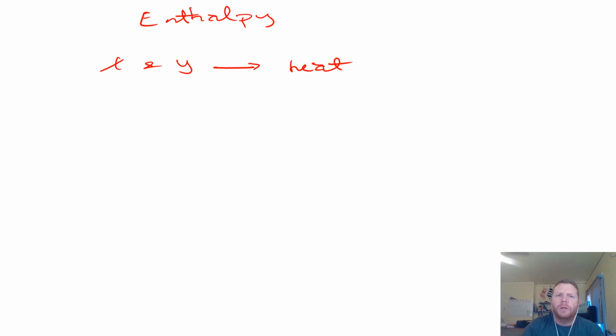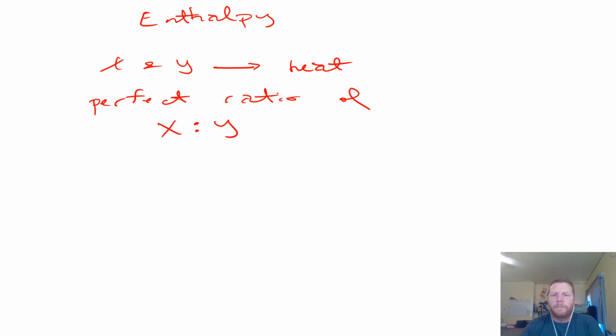What we're trying to do is figure out the perfect ratio of reactant X to Y. Now, we don't have a balanced chemical reaction, and arguably we don't care too much about that, because we want to perfectly match up the amount of X and the amount of Y to maximize the amount of heat that can possibly be produced.